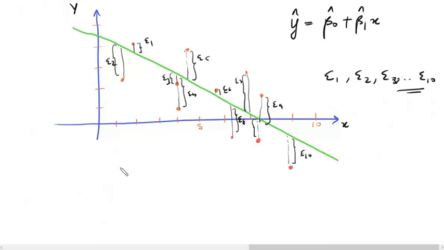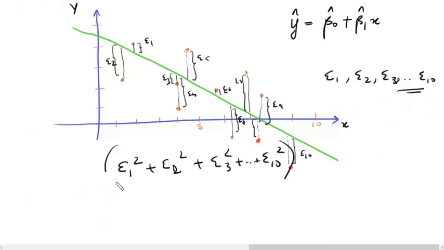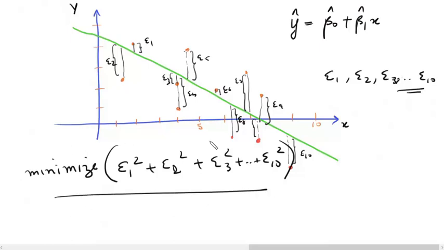Now how do we identify which line to select? What we do is we try to minimize the sum of squared errors. So we square each of the errors, we add them up, and the entire quantity that we get, we try to minimize. While we minimize this quantity, we arrive at the values of beta naught hat and beta 1 hat.